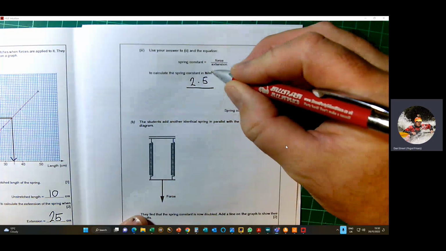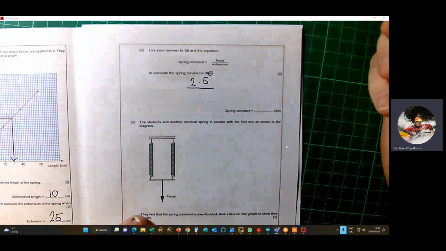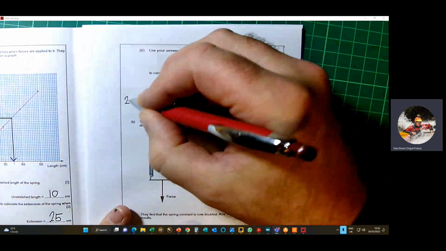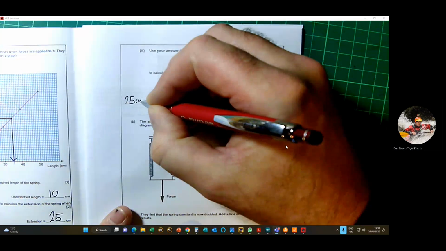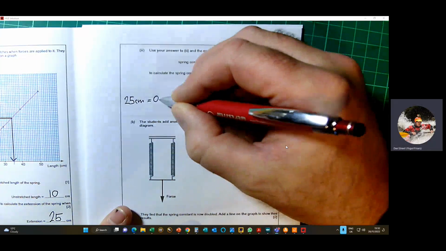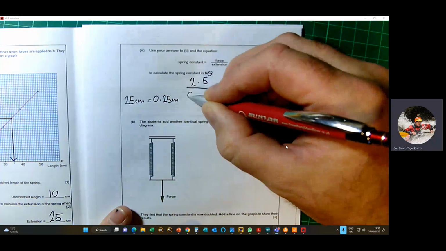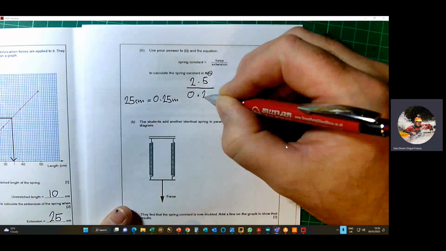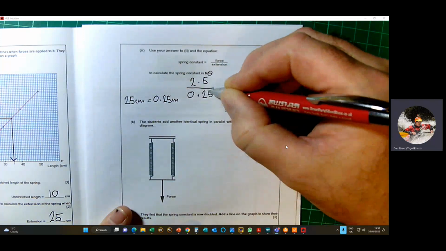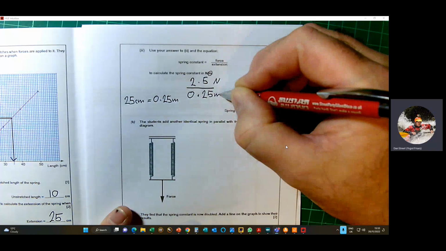Although we need to be very careful because that needs to be in meters. So 25 centimeters equals 0.25 meters. So we need to be careful that we've got the right units. 0.25, so that's newtons, and that's meters.